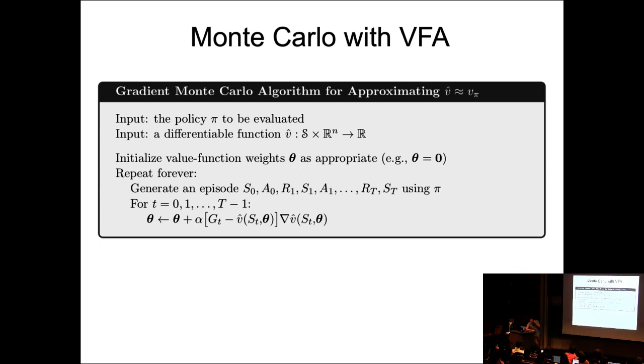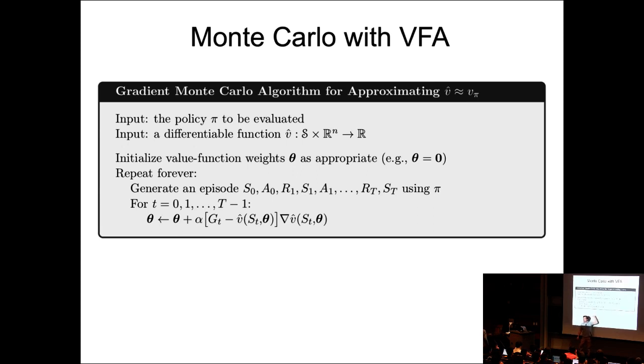So the initial value function weights theta can be set to 0, and you basically repeat forever. You generate an episode. So you start at a particular state, take an action, go to the next state, take an action, go to the next state, and so forth, using your existing policy pi, and then just update your parameters using this equation. This is the prediction error.